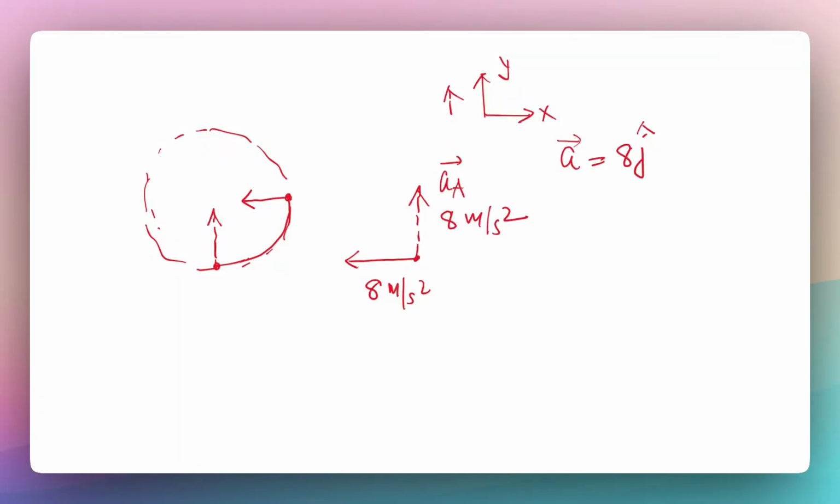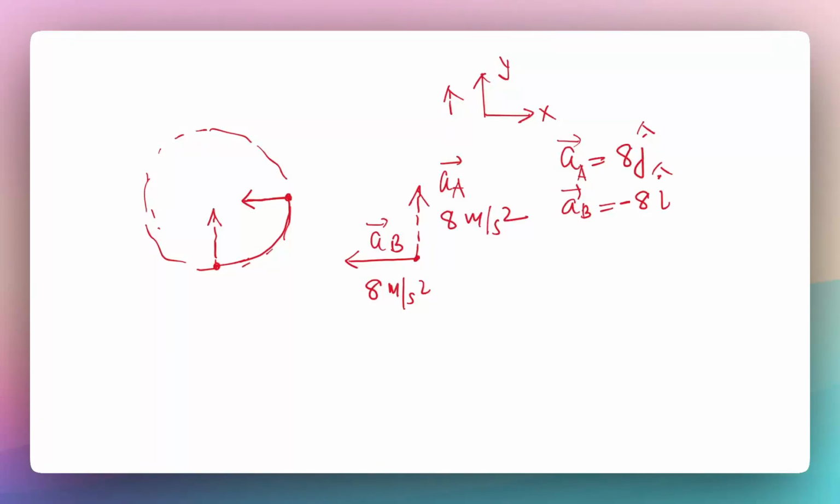Now when it reaches point B, this is our acceleration vector at point B, and this is pointing towards the left, which means now we can say the acceleration at B is again 8, but this time with minus i, because it is towards the left.